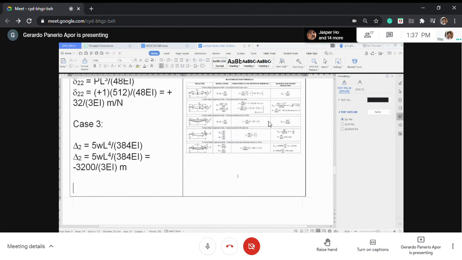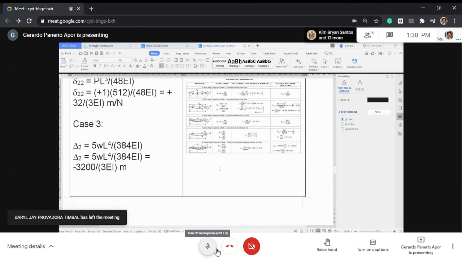The exam will be multiple choice, so the answer is already there. Sometimes the answer comes very obvious, but it's good that you will have to solve really. So it will be all about deflection, the exam.